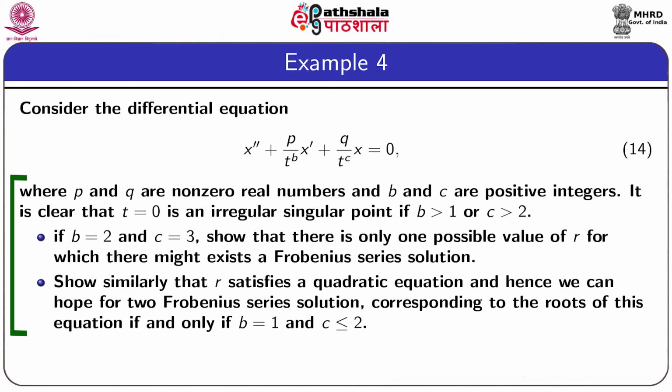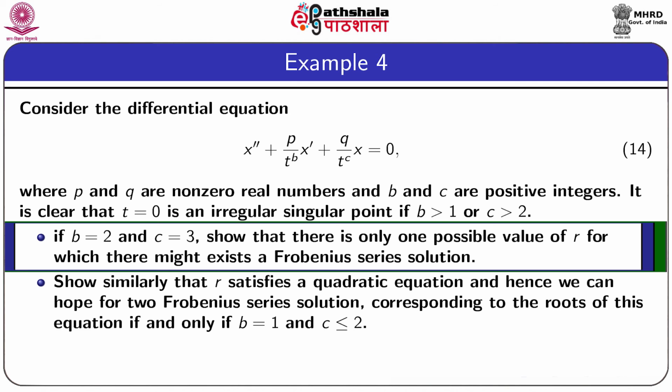So, we find a condition for which the expression is undefined at the point t equal to 0, and that condition is given by b is greater than 1 or c is greater than 2, and only then you can conclude that t equal to 0 is an irregular singular point.